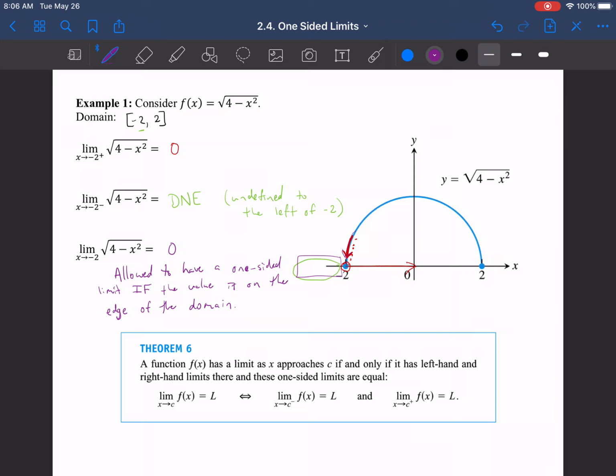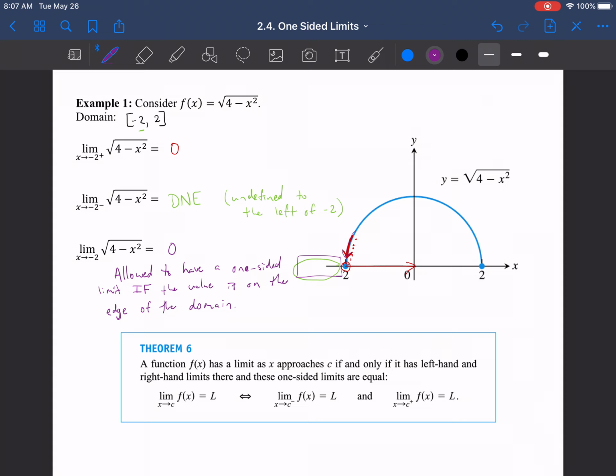So theorem 6, a function f of x has a limit as x approaches c if and only if it has left-hand and right-hand limits, and these one-sided limits are equal. Okay, so basically we can say that our limit is going to be this if the left-hand limit equals out and the right-hand limit equals out.